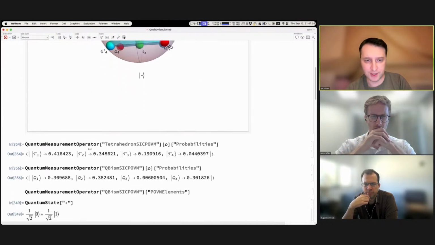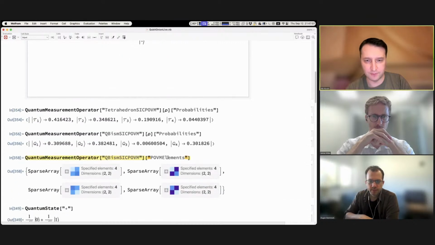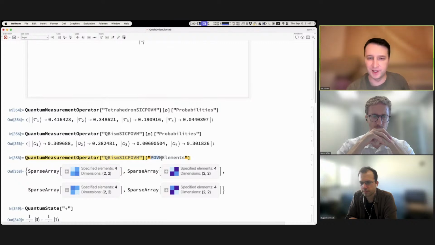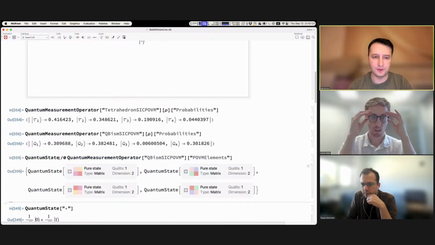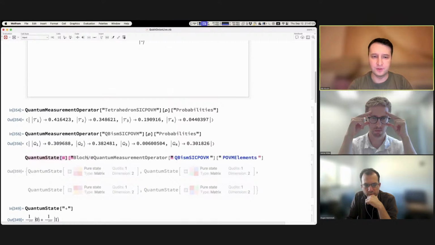You can extract it from the quantum measurement operator using those positive operator value measurement elements. Those can be turned into quantum states. Those are just density matrices. If you take those quantum states and do the Bloch plot for each of them, they may not be normalized, if I remember correctly.